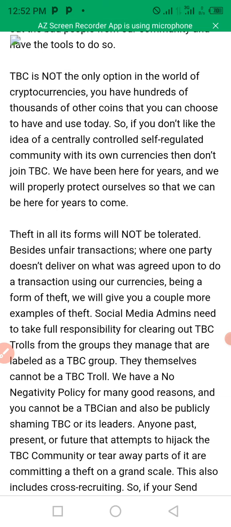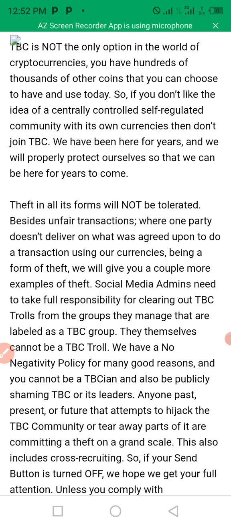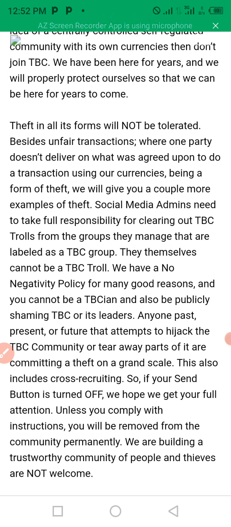So if you don't like the idea of a self-regulating community with central control of its own currencies, then don't join TBC. We have been here for years, and we will properly protect ourselves so that we can be here for years to come. Theft in all its forms will not be tolerated.